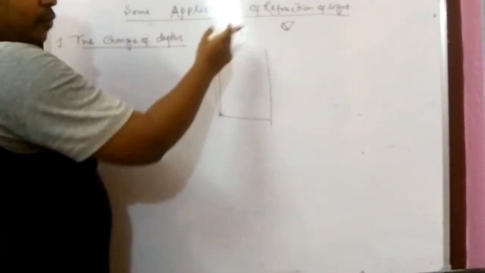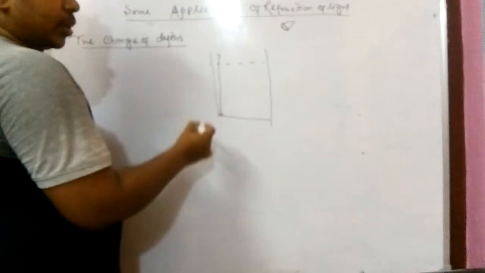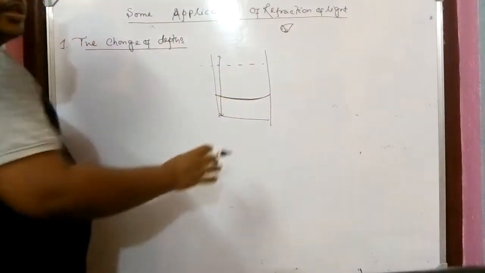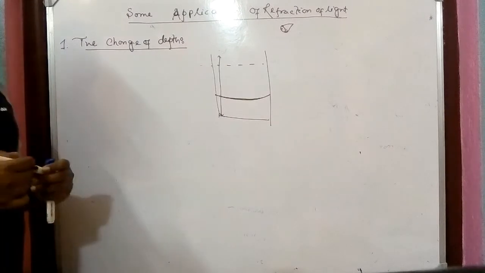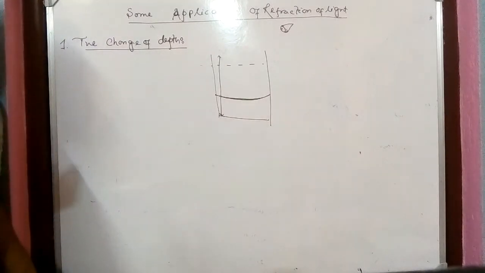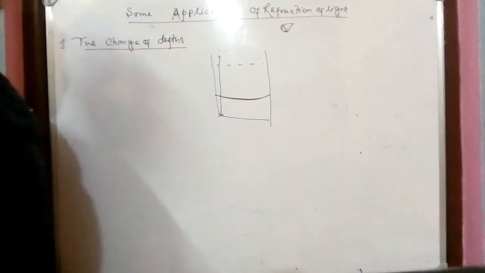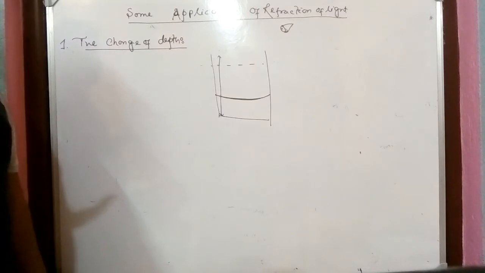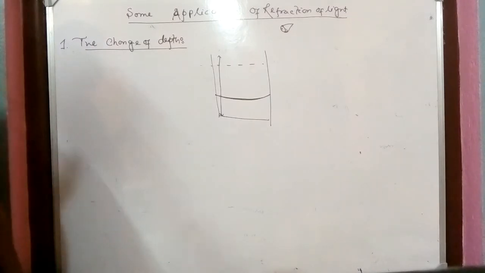If it is filled with water and you see it from the top, it seems to be like here. So the depth seems to be decreased. Just take that experiment, take a glass of water and see it from an angle, and you will feel that the depth of the glass seems to be decreased.